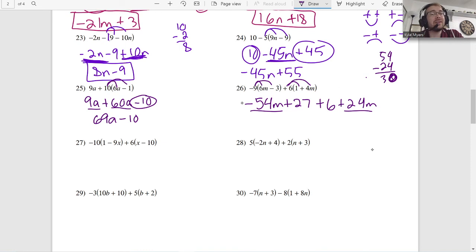The 54 was actually the negative, not the 24. So since I switched the signs, I switched the sign of my answer. So it's negative 30m. And then I've got two positive numbers here. So I'm just going to add those up. And I would get 34. All right. Actually, I don't get 34. Sorry, I get 33. I mathed wrong. 33.